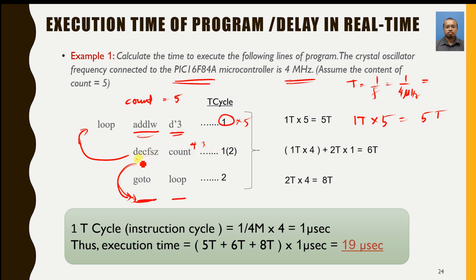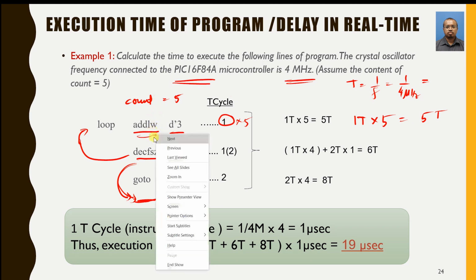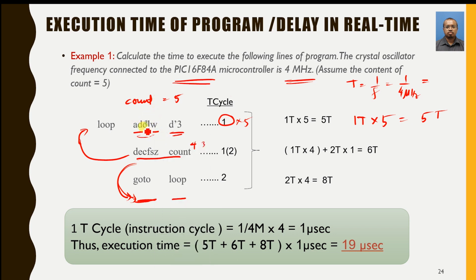And then how about this one? When count equals 5, the first thing that happens is that after this instruction it becomes 4. That is the first round. You go back, 3, 2, 1, 0, and then you will go out. So we have rounds where it is 4, 3, 2, 1.